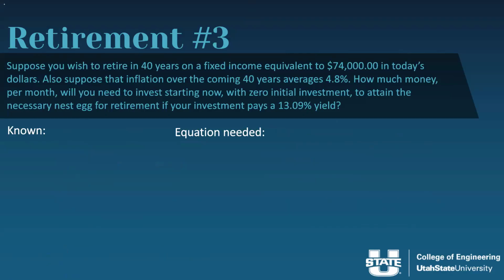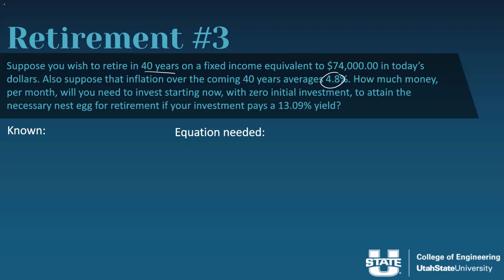We want to retire in 40 years on a fixed income equivalent to $74,000 in today's dollars. And then over those 40 years, the inflation is an average of 4.8%. So that's kind of where the in today's dollars versus future worth in 40 years comes into play.